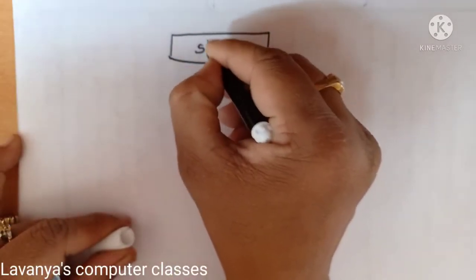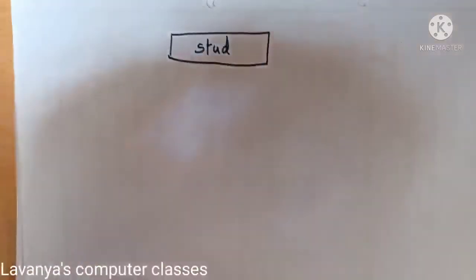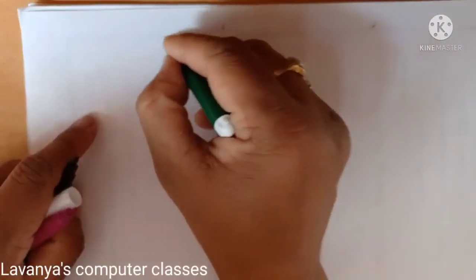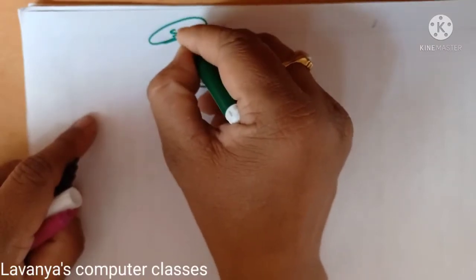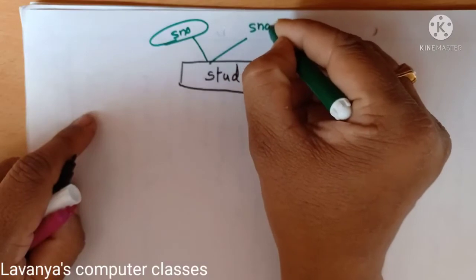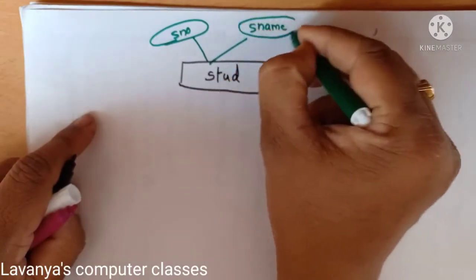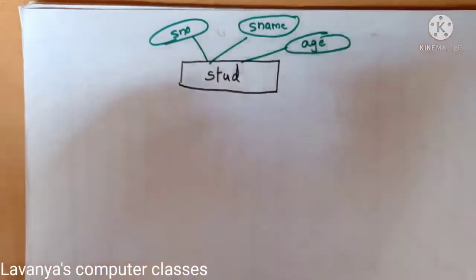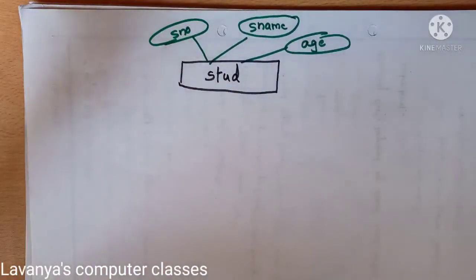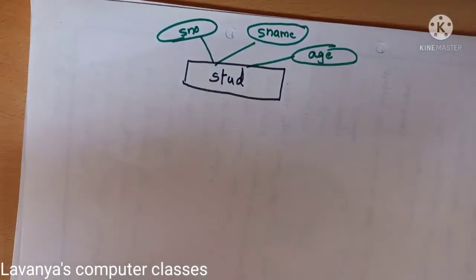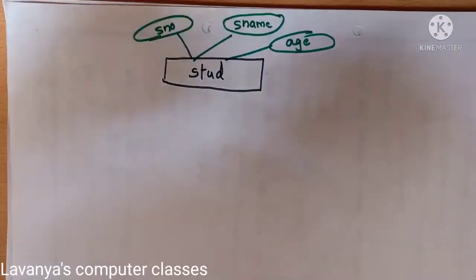In this, student with serial number. This is the attribute. I will explain the next one. Attribute and S name, some more. So in this, which attribute is possible to identify uniquely?